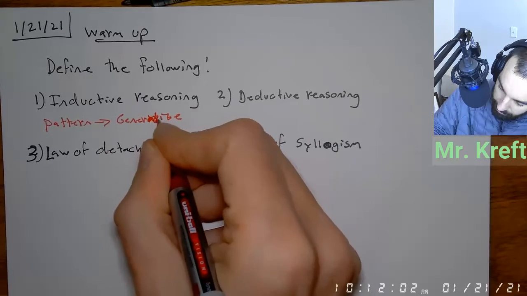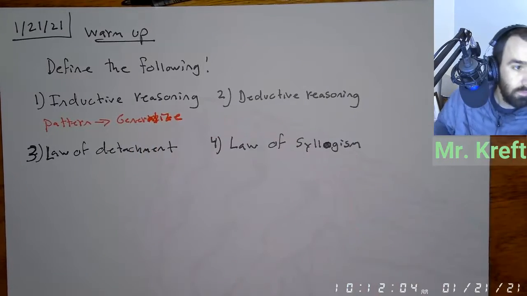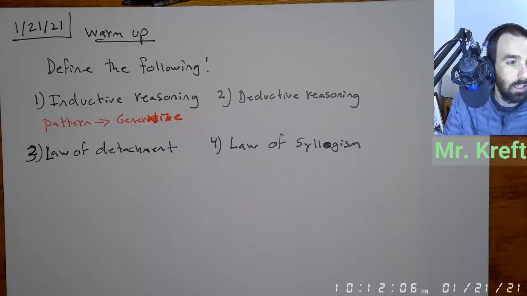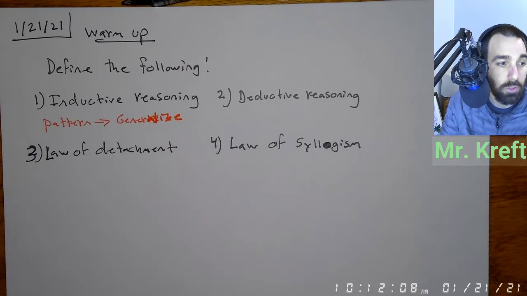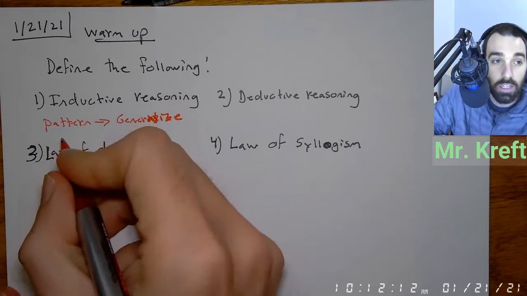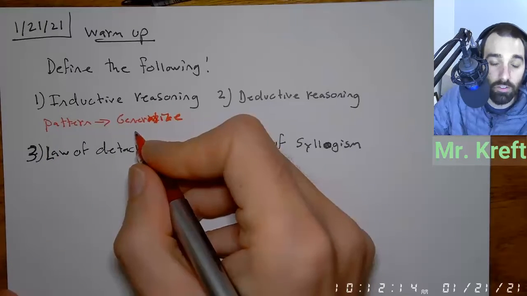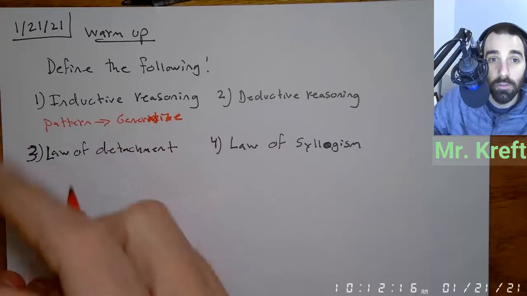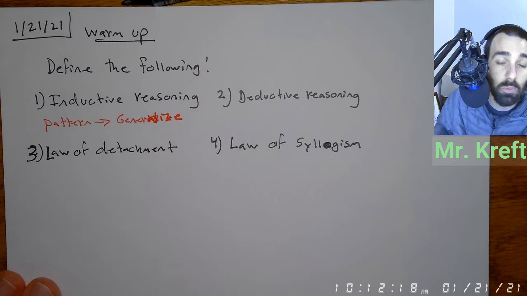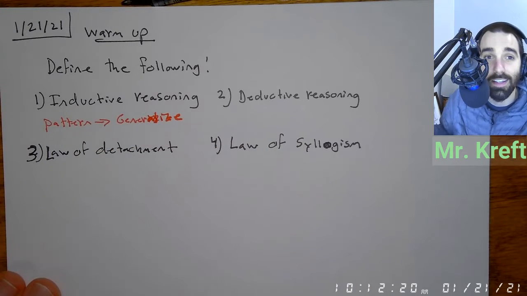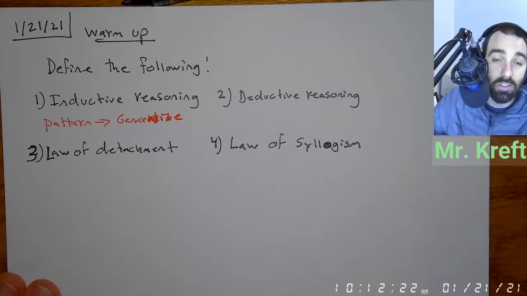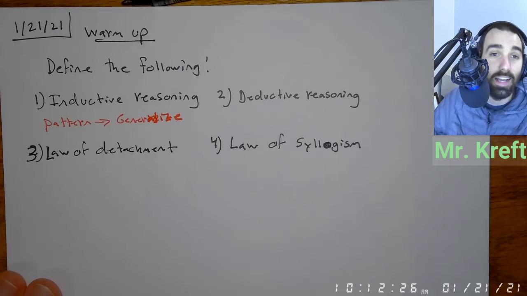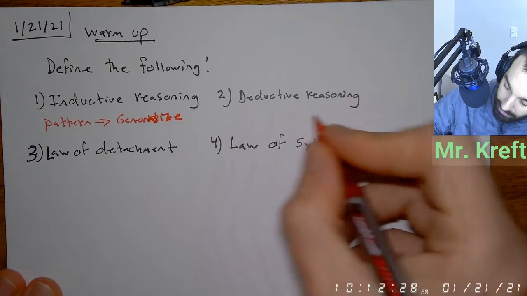When you generalize, you're taking a pattern and generalizing it to everything else. For example, we talked about number sequences. We talked about seeing your mom go and buy milk at the store. Just because you see it doesn't mean that it's always going to happen or that it happens with everyone.